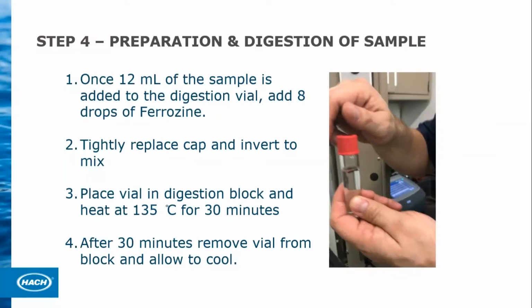We're adding the Ferrozine, heating it, digesting it, removing the vial from the block, and cooling it. Normally I put a warning here, and I didn't put it on this slide, but do not open that vial. For any of you that are doing the math, 135 degrees C is above the boiling point. So yes, this vial is under pressure. You do not want to open it until it cools down, at least cool enough to the touch.